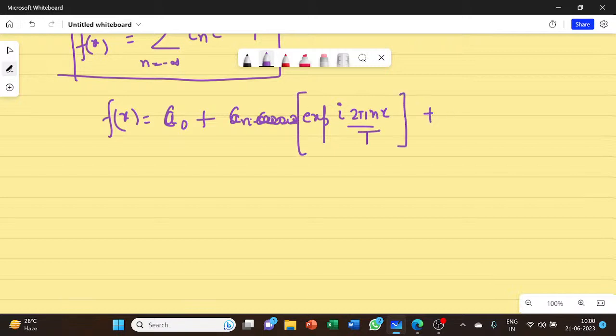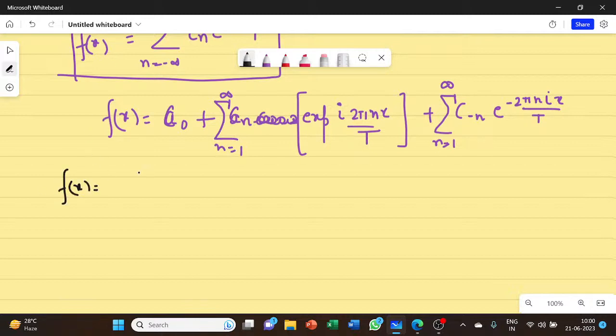And then instead of dn I had written my c minus n. Here I had c minus n e to the power minus 2 pi iota n x upon T, n varying from 1 to infinity. Here also n varies from 1 to infinity, right? Now you see, this is how you can write when your sines and cosines have been replaced by the complex exponential term.